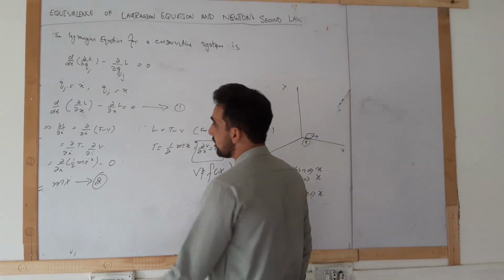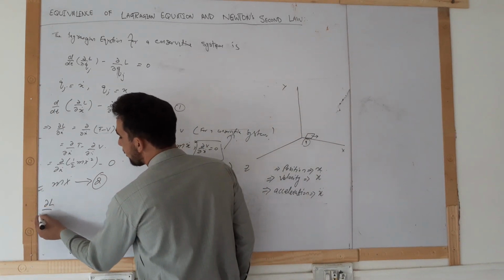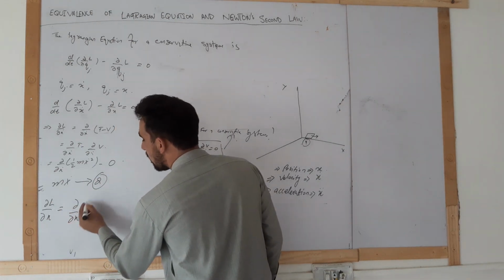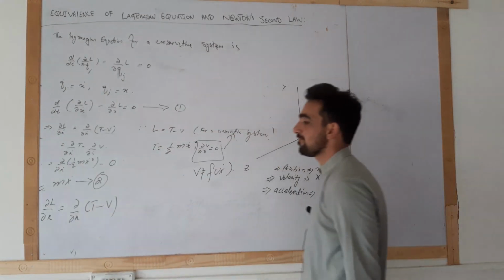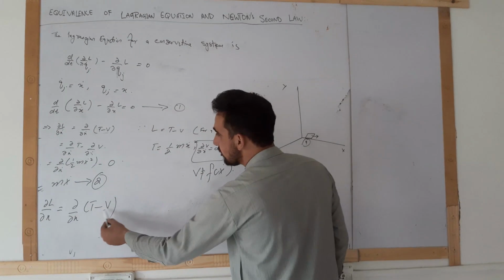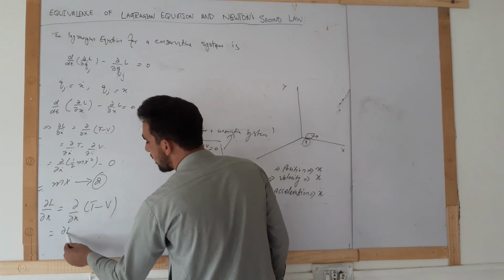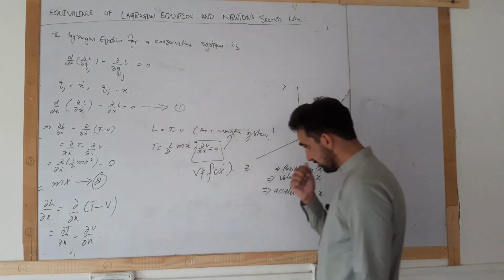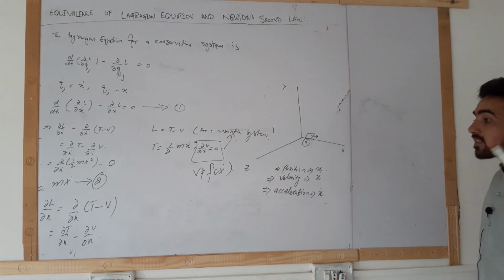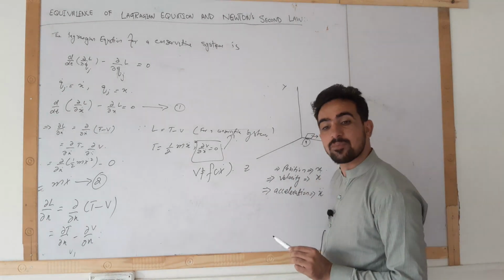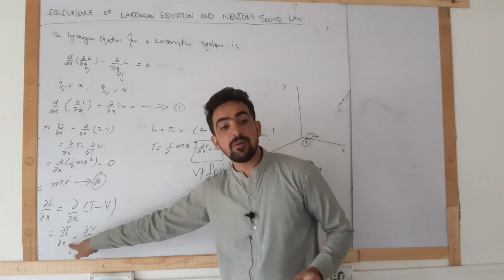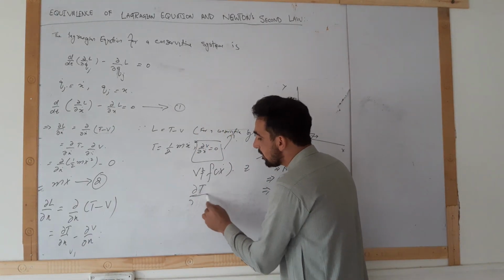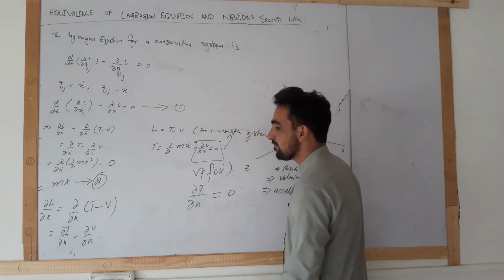Now assume the second term, partial L by partial x is equal to partial by partial x of T minus V. Again, we are going to apply these differentials on both the terms: partial T by partial x minus partial V by partial x. For a conservative system, kinetic energy is independent of the position of the body. It only depends on the velocity. So partial T by partial x should be 0.